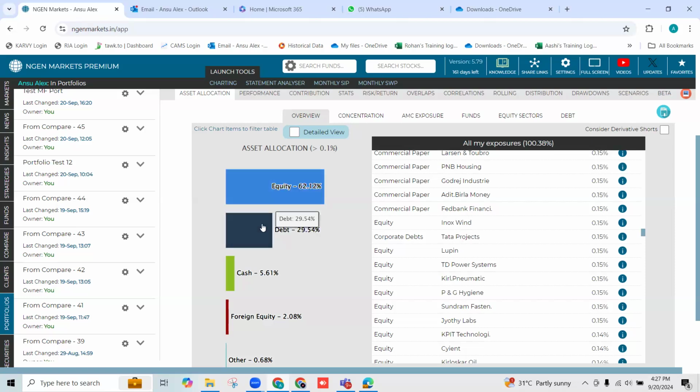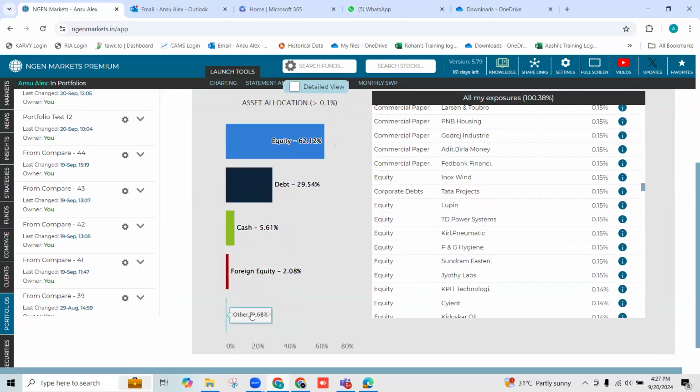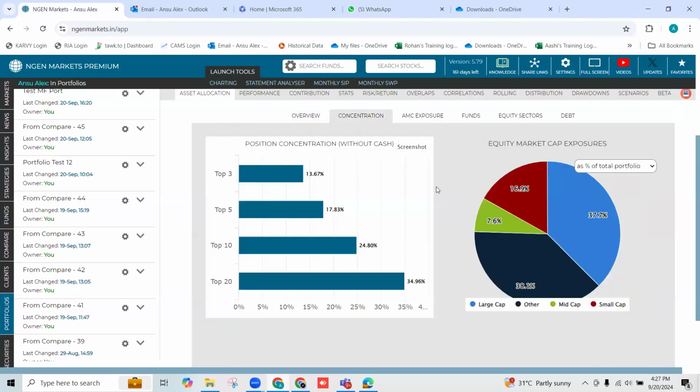Meaning, if you add up this debt 29%, cash 5%, foreign equity 2, and others 0.68, if you add up everything other than equity, it would come up to this 38% that we see in this others section. Now, this split that we are seeing is a percentage of the total portfolio.